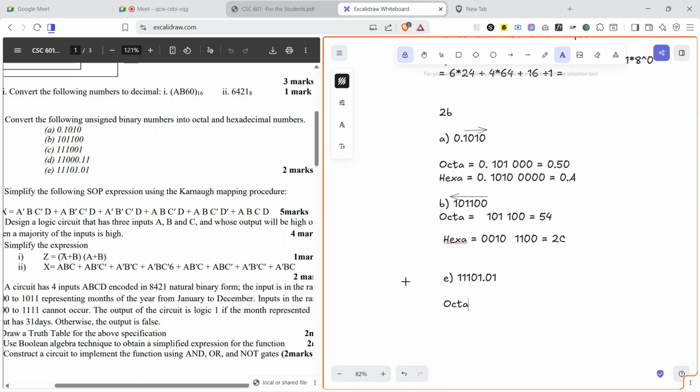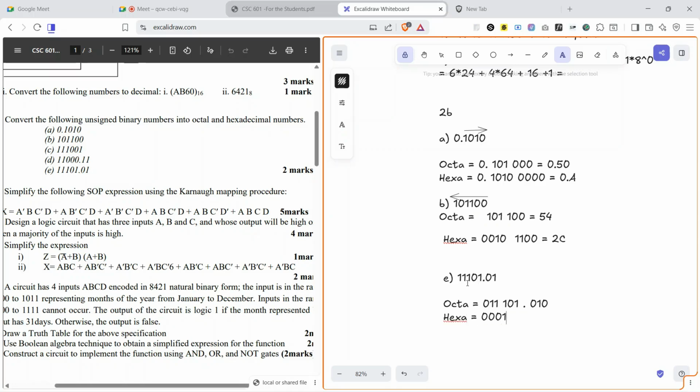So the octal of this would be 33. So that would be 011.101.010. So in separation of 3, the hexa of this will be 124.